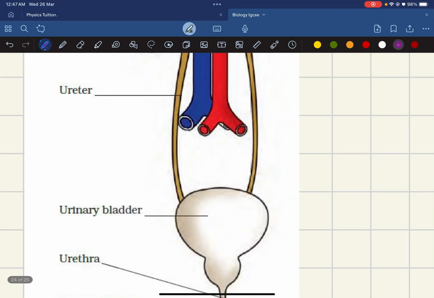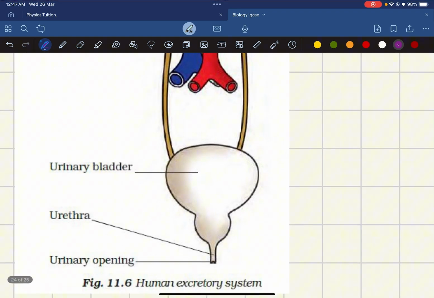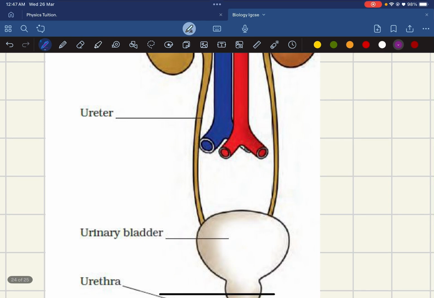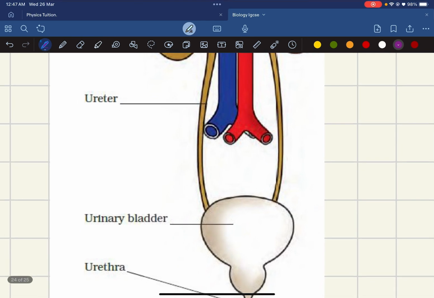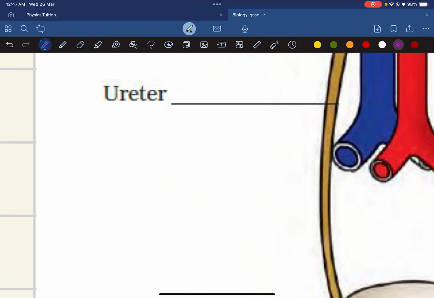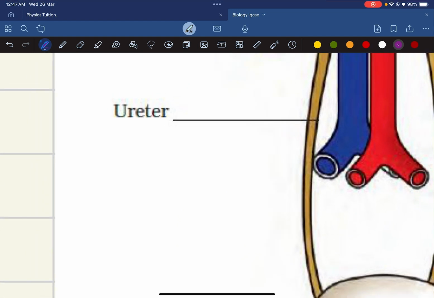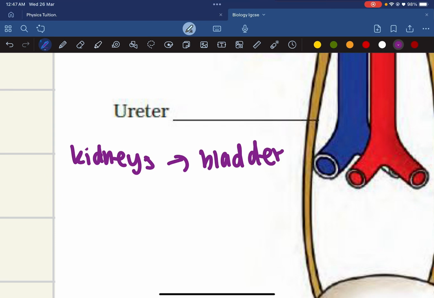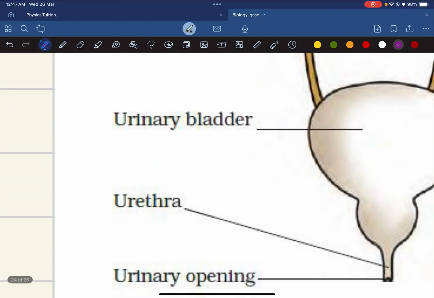A lot of people get confused between ureter and urethra. I feel like their pronunciation is quite different, but still some people tend to be confused with it. The ureter transports urine from the kidneys to your bladder. That is the purpose of the ureter.